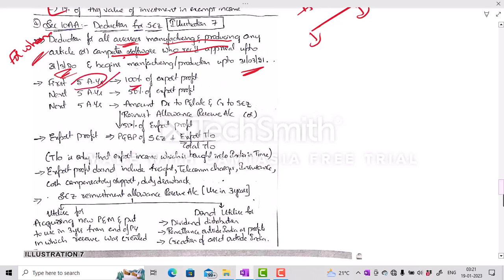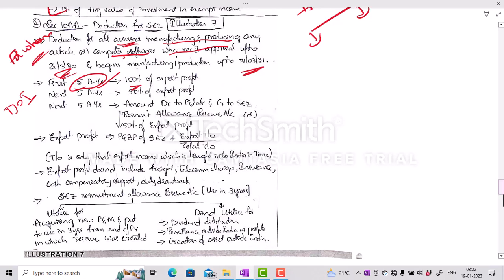See, this is important because they give the date of incorporation. We need to calculate in which year they are so that we can arrive at what is the rate of deduction they are eligible for.